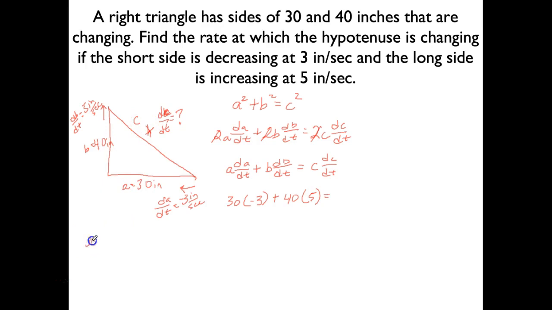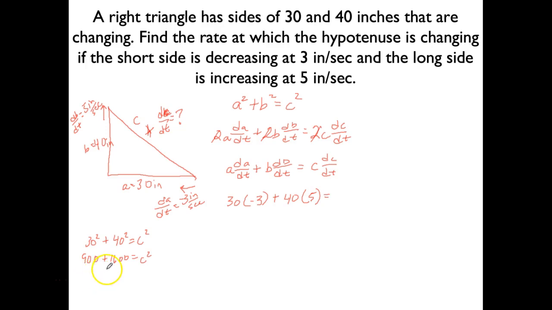Now, we can use Pythagorean theorem to figure out what C is. So that would be 30 squared plus 40 squared equals C squared, right? And that means this would be 900, and there's a much easier way to do this right here. This is a Pythagorean triplet. I know the answer's 50. 3, 4, 5 is a triplet, so 30, 40, 50 is a triplet.